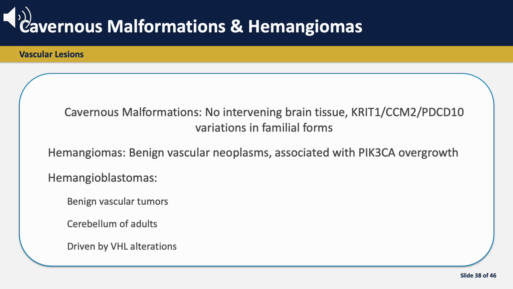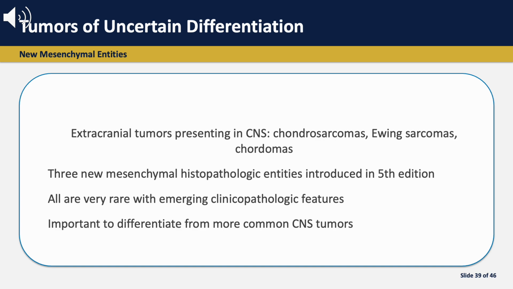alterations in VHL. Many bone and soft tissue neoplasms that commonly arise outside of the CNS, such as fibrous dysplasias, chondrosarcomas, osteosarcomas, rhabdomyosarcomas, Ewing sarcomas, mesenchymal chondrosarcomas, chordomas, and peripheral nerve sheath neoplasms, may present intracranially and will not be discussed further in this article.